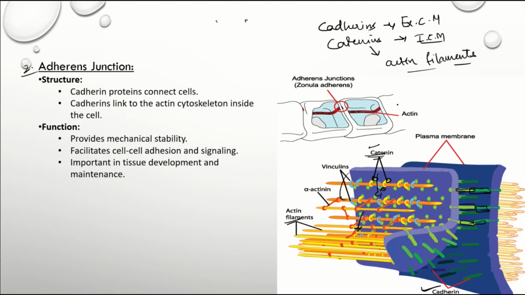Now, what is the main purpose of cadherins and catenins? For example, in the case of cardiac muscle cells, due to the contraction and relaxation of the heart, there is continuous tightening and loosening of the cells.